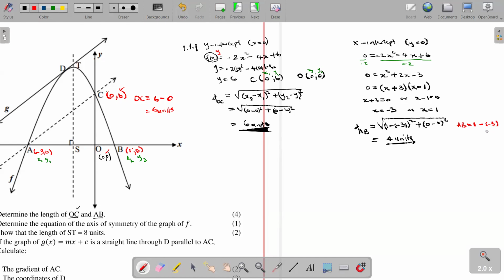When you simplify this, the answer was going to give you 4 units straight. So take note there.